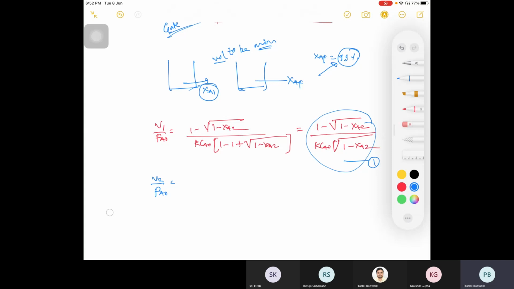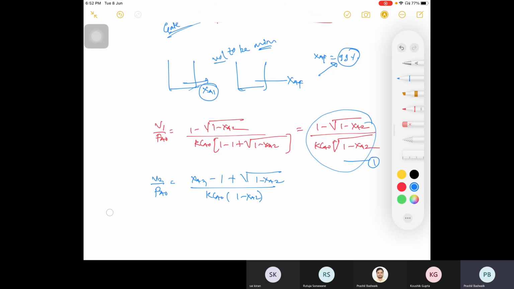Okay, so that is your equation. XA2 minus XA1, XA1 is 1 minus square root of 1 minus XA2, divided by your K into CA naught (1 minus XA2). Okay.